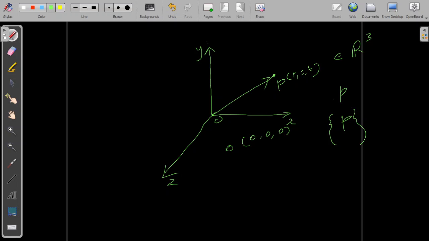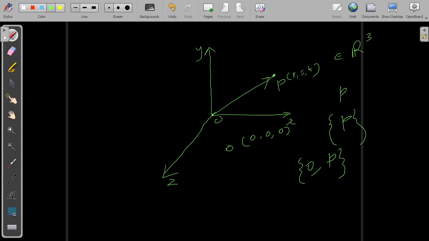So when I consider the set of these two vectors, the zero vector and P, then you can say the zero vector is linearly dependent on P. This is an example of linearly dependent vectors: O and P are linearly dependent.